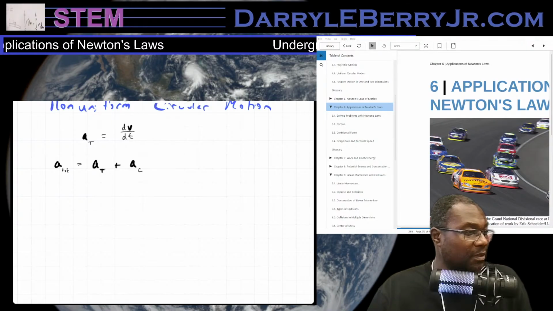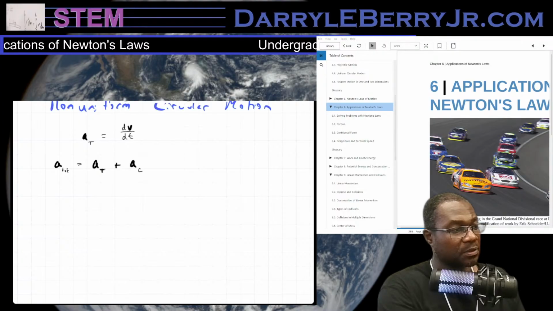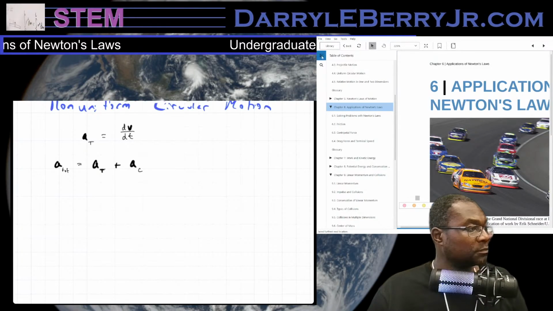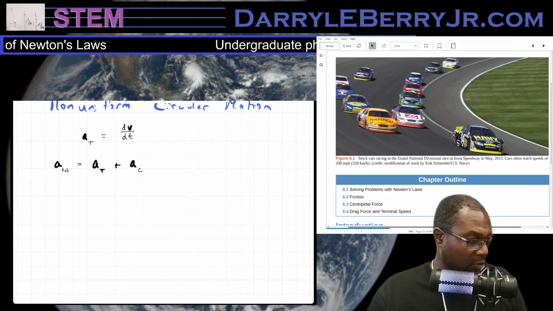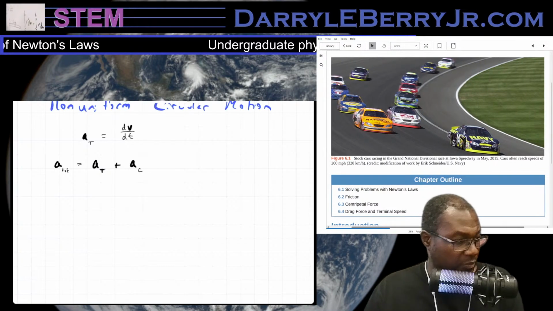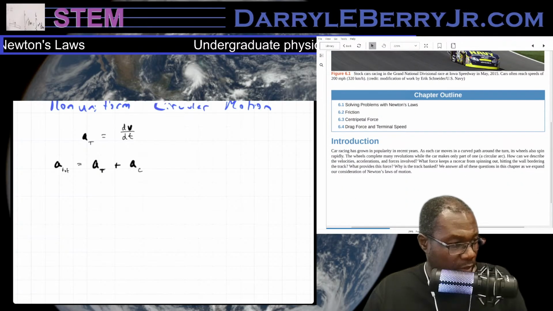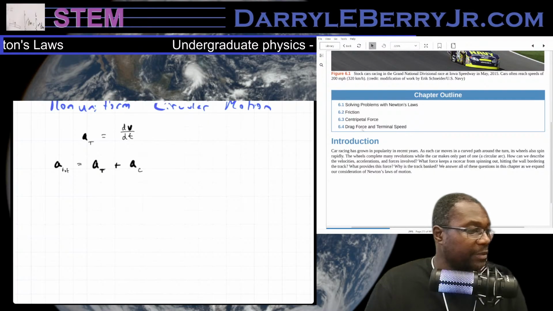Right, so we're going to talk about some applications of Newton's laws. Cars on the Grand Prix reach speeds of 200 miles per hour. Right, so this is exactly what we need: friction and centripetal force. Introduction. Car racing has grown in popularity in recent years.